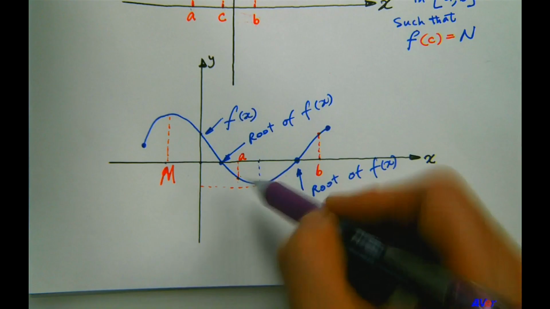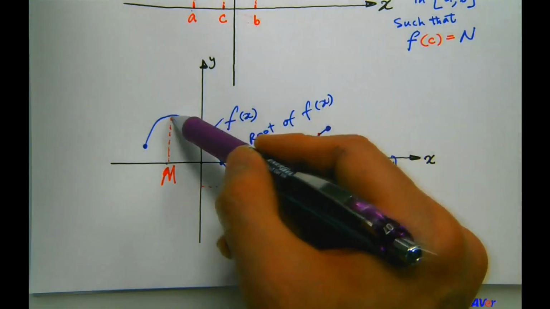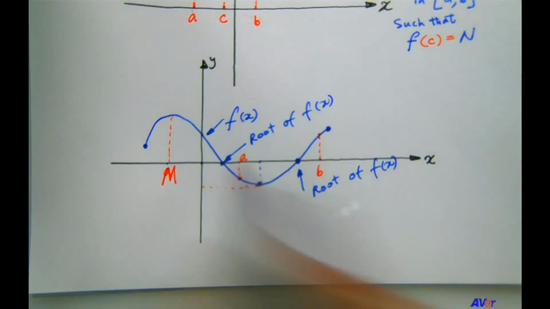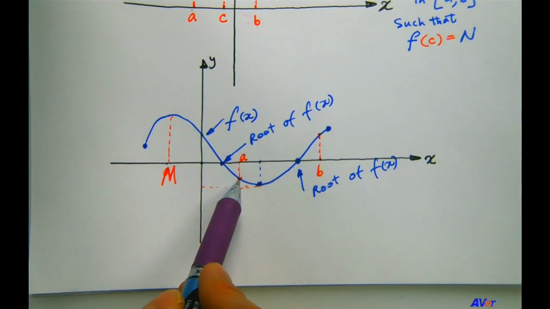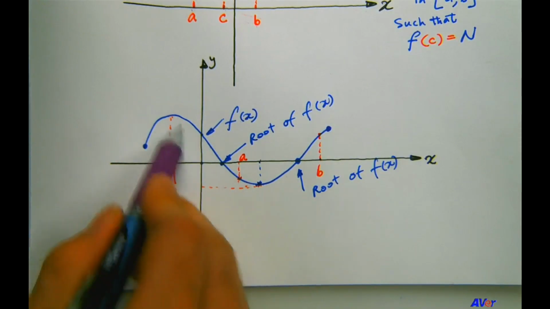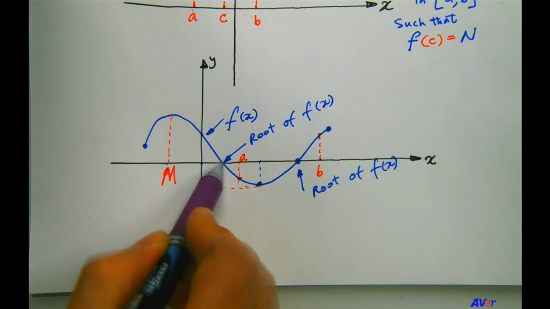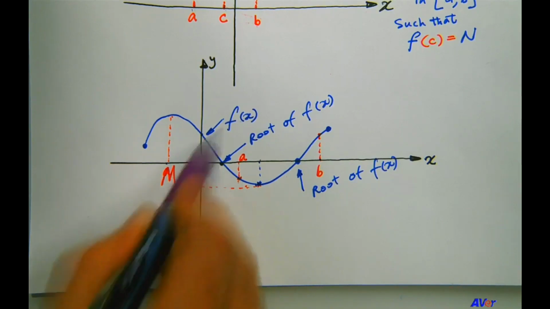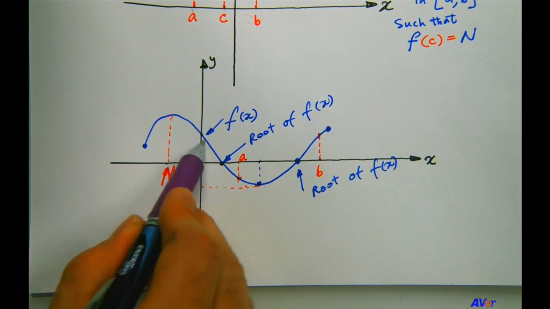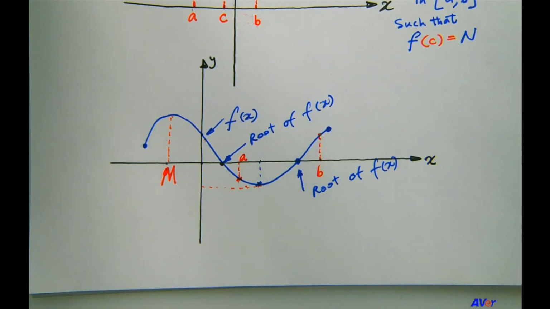If we're going from negative function value to positive, or from positive to negative, it's impossible to make this transition unless we have a root, unless at some point in between the function is equal to 0, because it's at that point where the function changes algebraic sign. Okay?